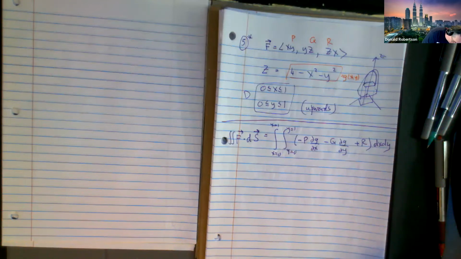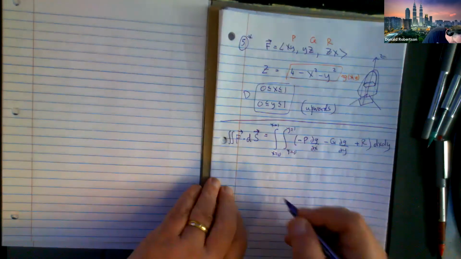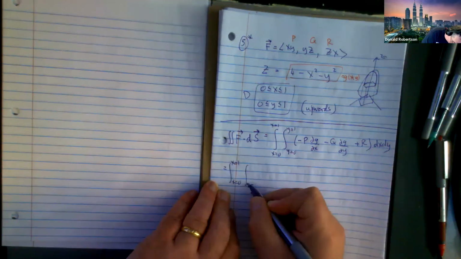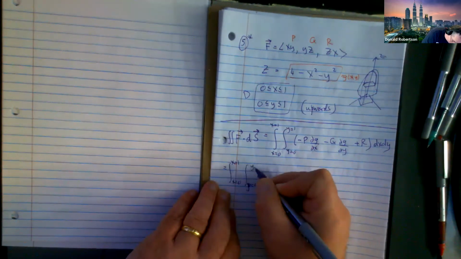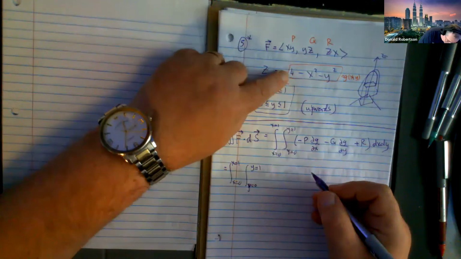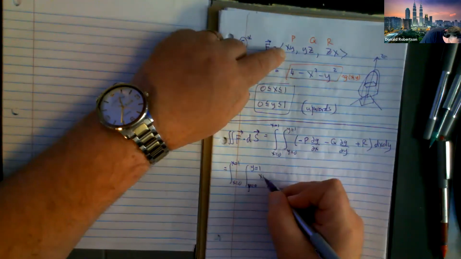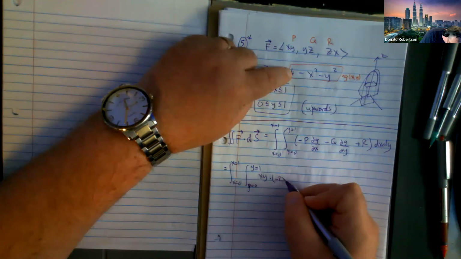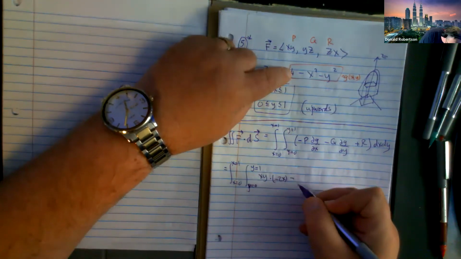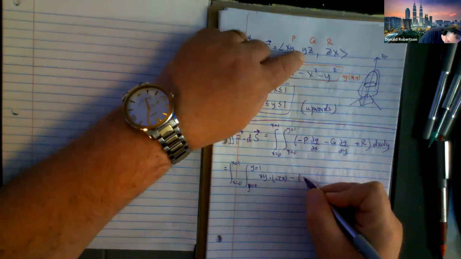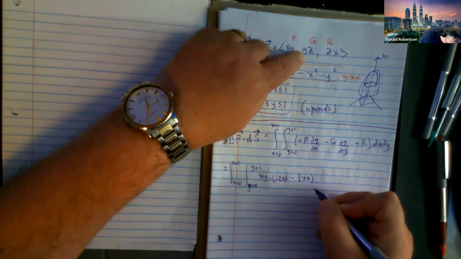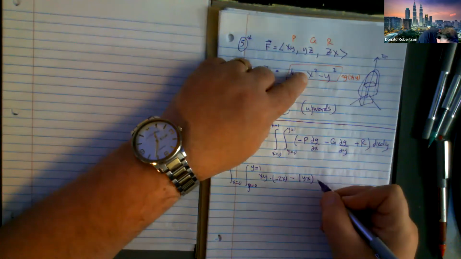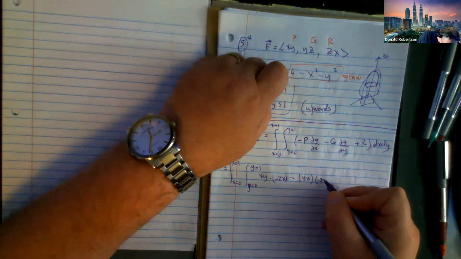Put it over here, try and see if I can squeeze it all in. P is xy, and if you differentiate this with respect to x, you get negative 2x. Q is that guy, and if you differentiate this with respect to y, you get negative 2y. R is zx.